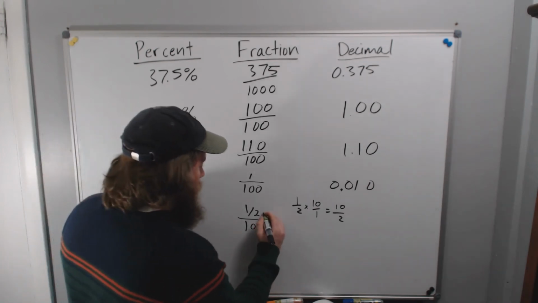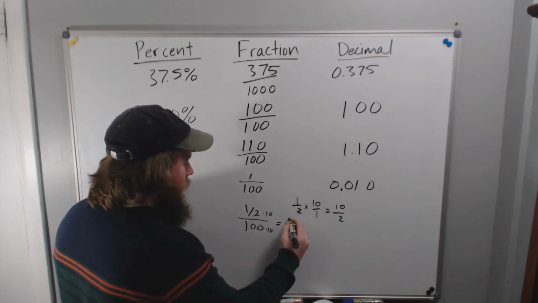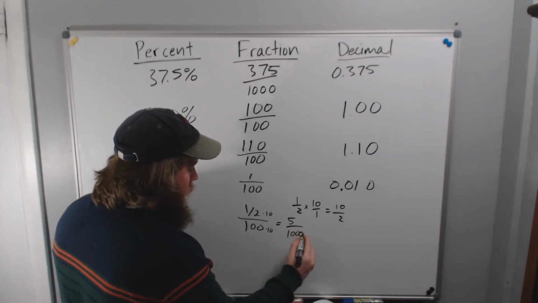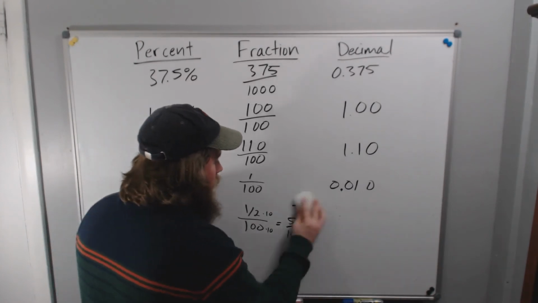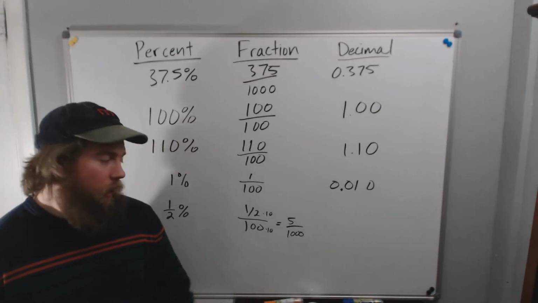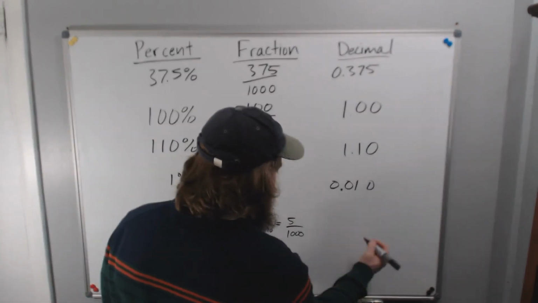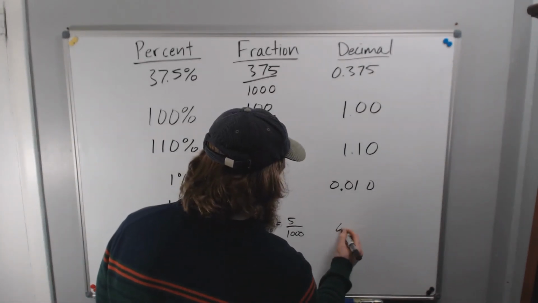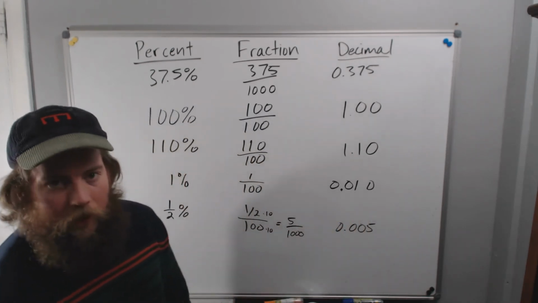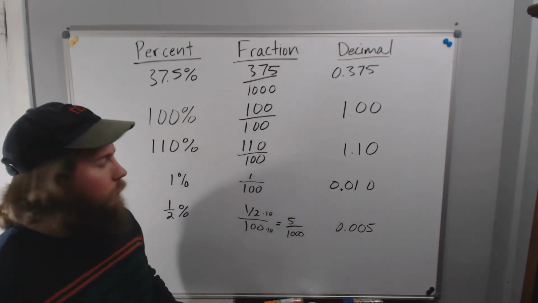So if I multiply 1/2 by 10, I get 5. And if I multiply 100 by 10, I get 1,000. So I get 5 thousandths, and that is going to give us 0.005. Now you say, how does that reconcile with what we were just talking about?